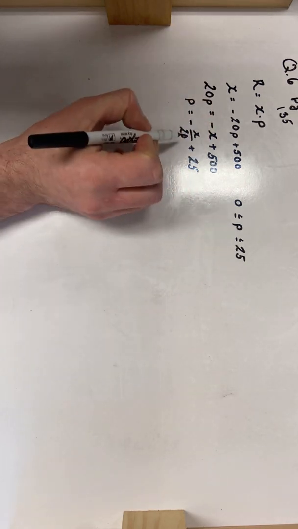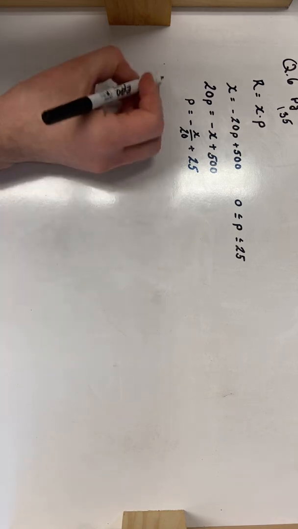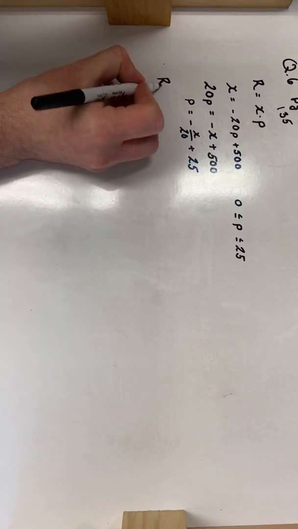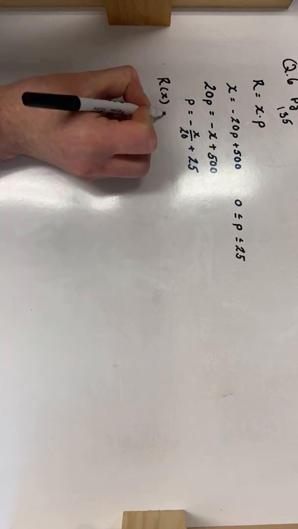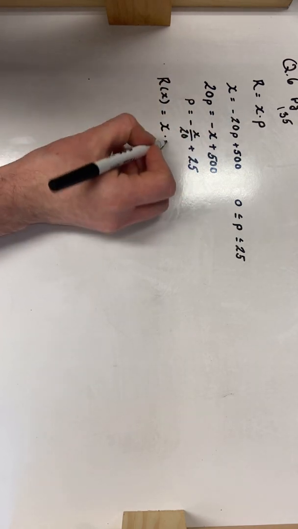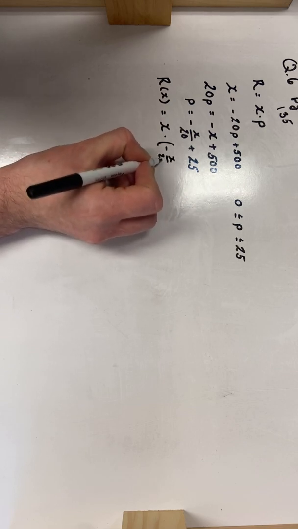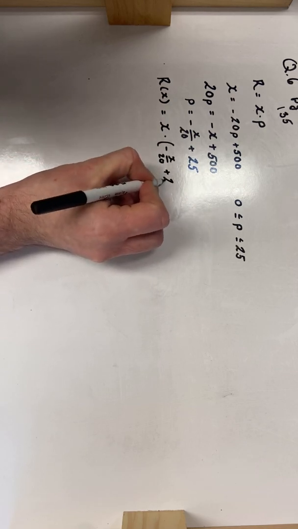I'm now going to take this value for P and plug it in here. So I will have that R as a function of X is equal to X times P. Well, that's going to be X times minus X over 20 plus 25.